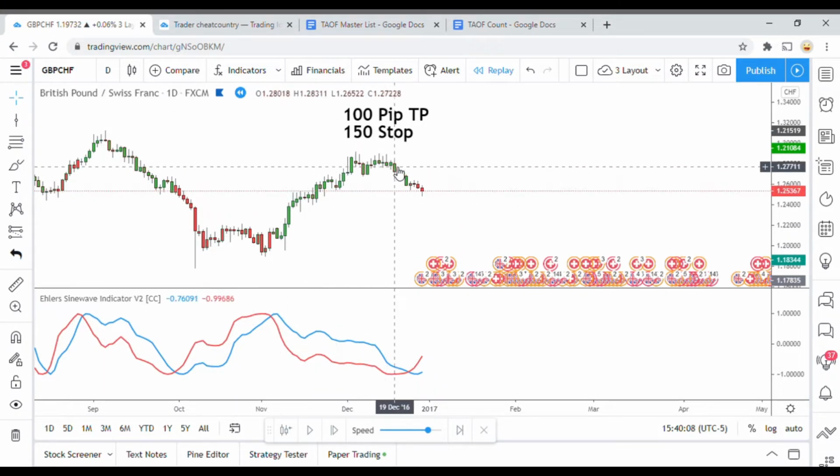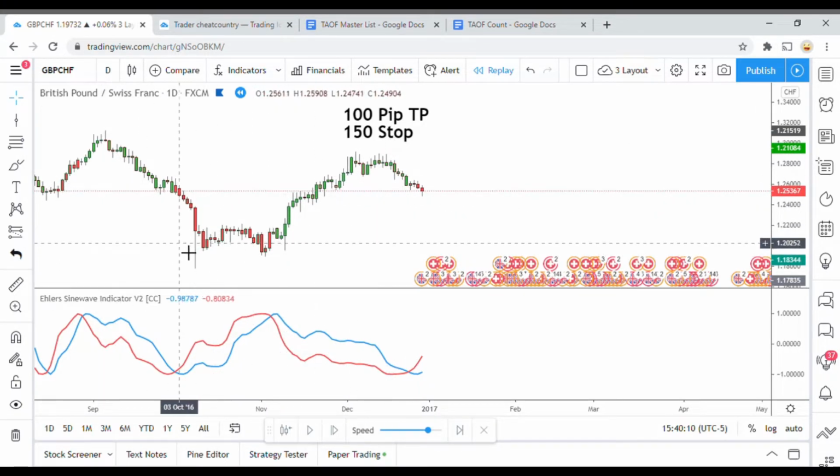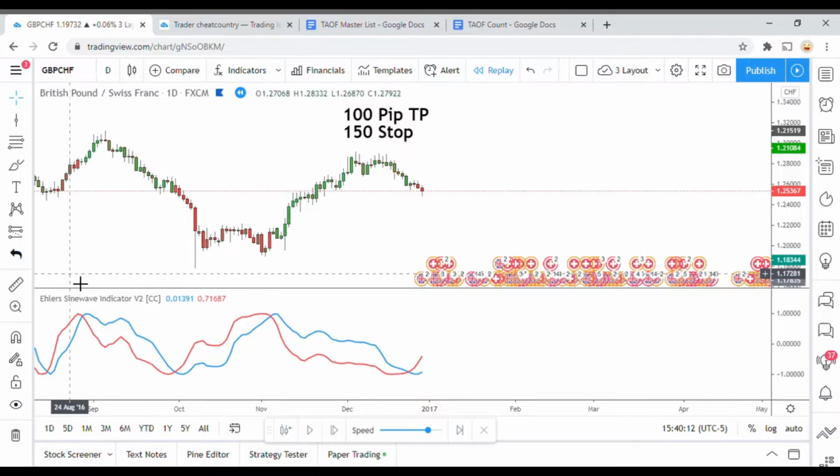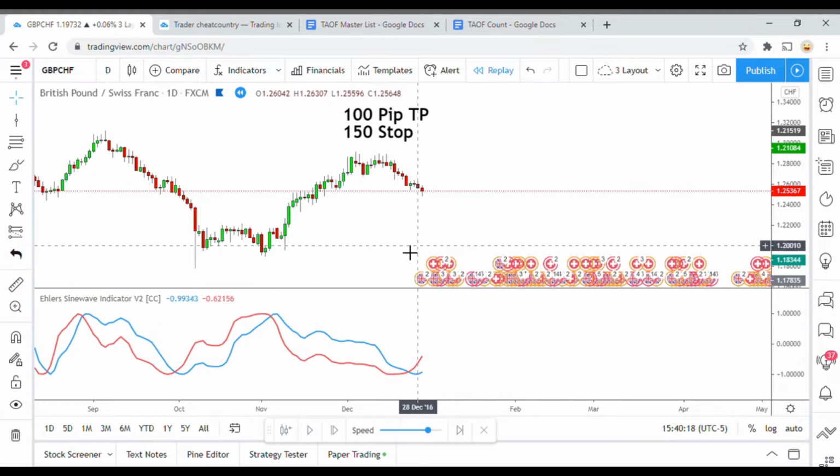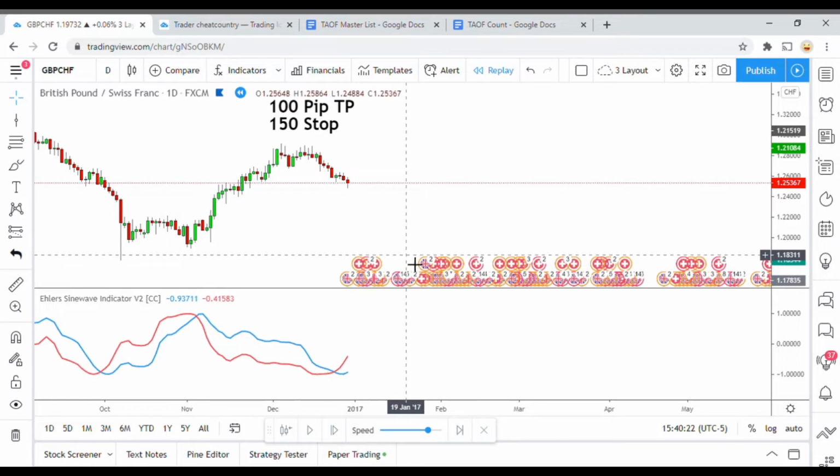You can see that the bars are colored here, but you know how I am with indicators. I am not greatly fond of the bar coloring. So I'm going to go ahead and turn that off, and we will test it accordingly.